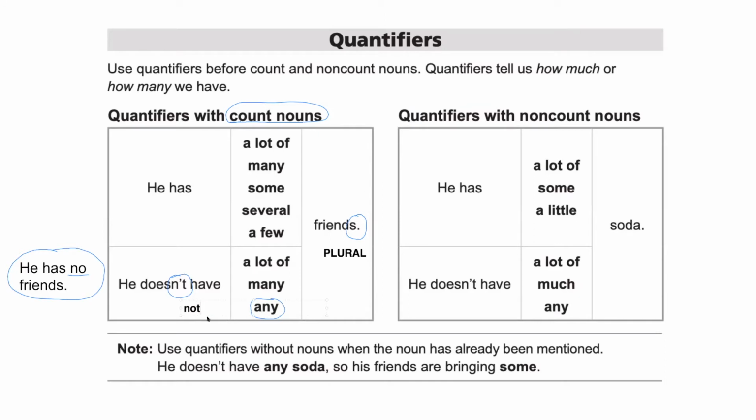He doesn't have any, not any. But it is possible to say he has no friends. Now, I have found, of course, that it really depends on what particular language you speak, which one seems more comfortable to you. For example, in Spanish, we use the word no to make things negative. So perhaps you do the same in your language.